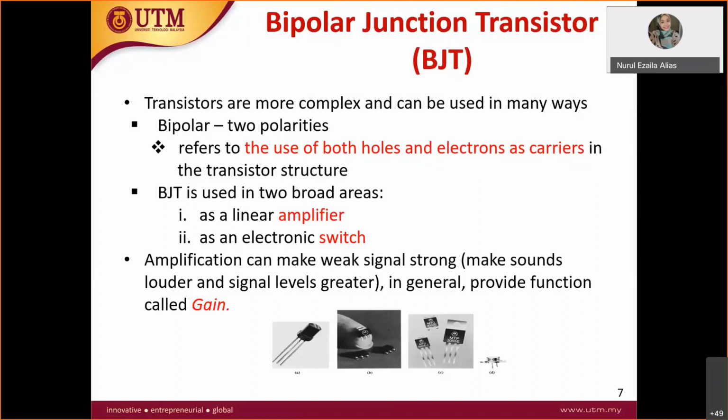Amplification can make a weak signal become a better signal. For example, a microphone is one example of an amplification system. In general, an amplifier provides gain, where the output value is the multiplication of the gain and the input value.